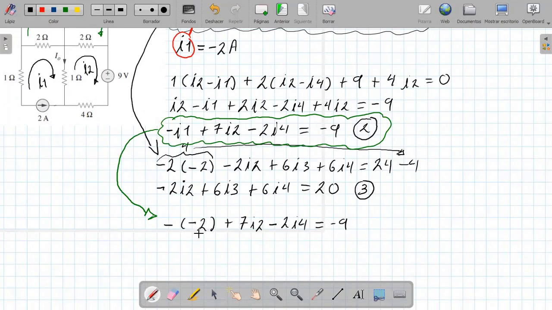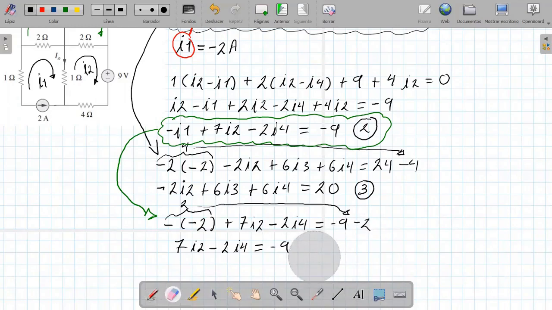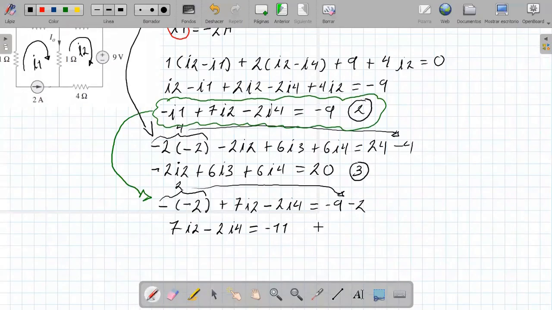So this is going to be positive 2. It will be 7 I2 minus 2 I4 equals minus 9, positive 2 when you pass it over there it would be minus 2. So it would be minus 11. This would be an equation called 4.